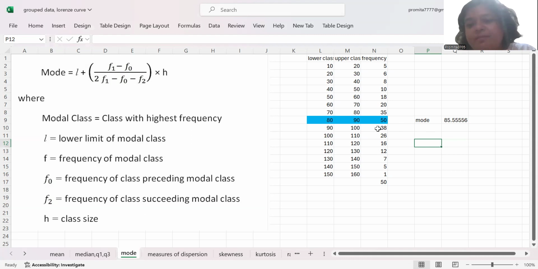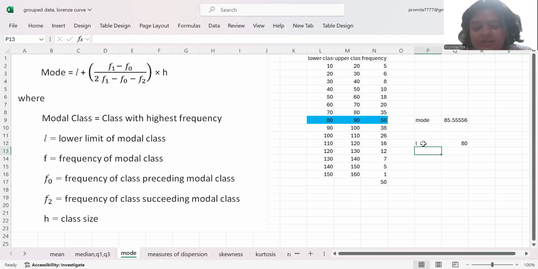So here my modal class is this one. This 80 to 90 is my modal class. The frequency of the modal class is 50. So here I can write the lower limit of the modal class, which is 80.